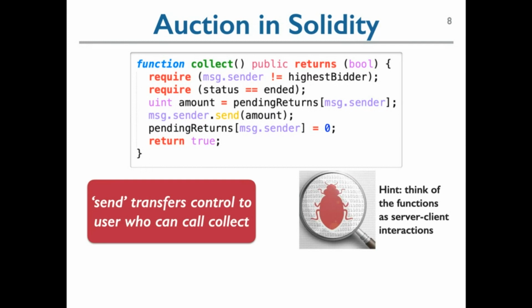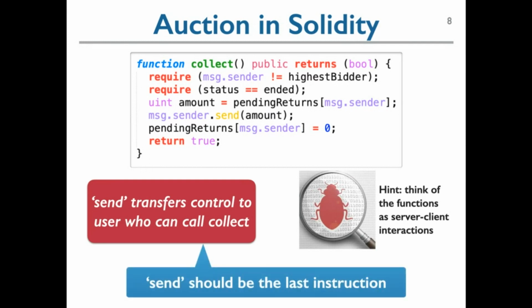And so the way Solidity gets around this problem is by showing a guideline. It's not really enforced by the language, but a guideline that send should be the last instruction in your code. So if you update your dictionary before you do the send, even if you have an infinite callback in all the subsequent calls, you're only going to send 0 money to the bidder. And so they don't really have an incentive to do this infinite callback.